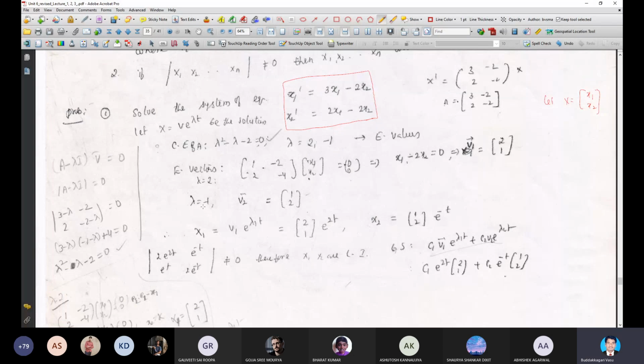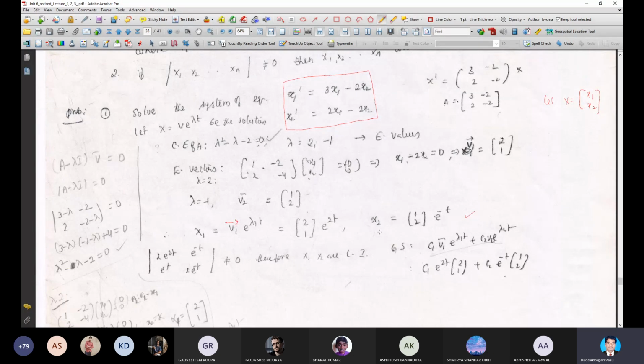So hence the solution x1 is equal to v1 bar into e power lambda 1 t, that is 2, 1 into e power 2t, and x2 is equal to v2 bar into e power lambda 2t, where lambda 2 is minus 1. So x2 is 1, 2 into e power minus t, right? I hope two solutions are there.